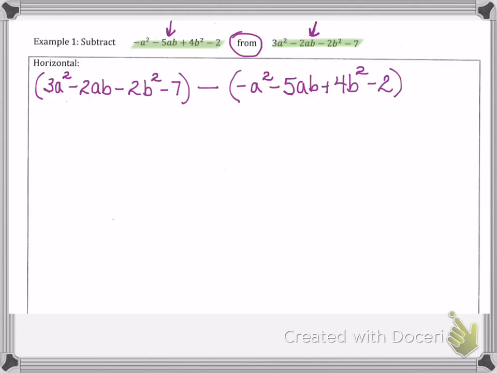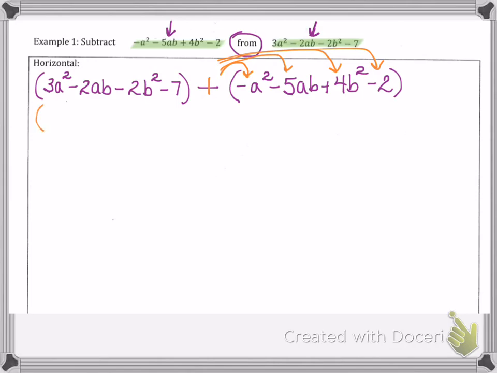Now, in order to make this a little bit easier and not to lose track of some negatives, we do want to rewrite the subtraction into plus, but that takes the opposite of each of these terms. So I'm going to rewrite that underneath.